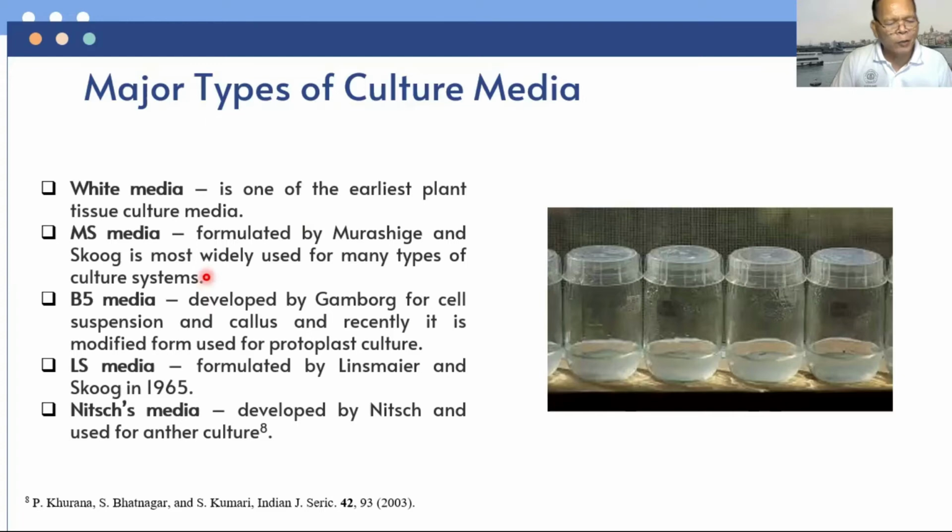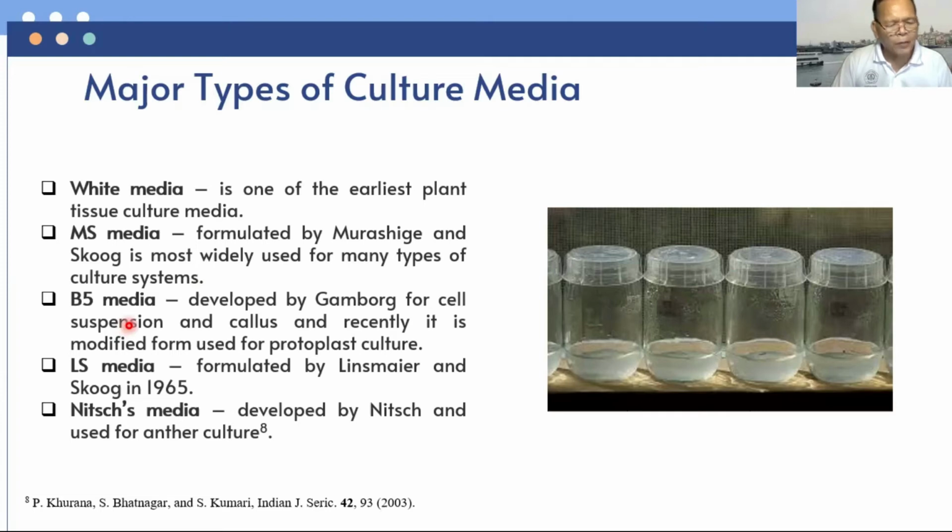B5 media was developed by Gamborg for cell suspension and callus, and recently it is modified for use for protoplast culture. The medium has higher concentration of nitrate and potassium and a lower concentration of ammonia. Potassium nitrate is useful in inducing the soybean root callus formation, and ammonium sulfate plays an essential role in cell growth. It is used for the purpose of protoplast culture.